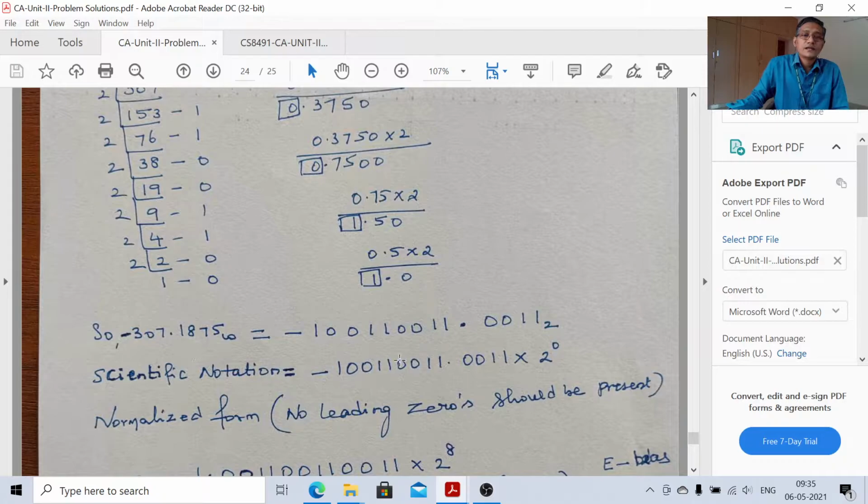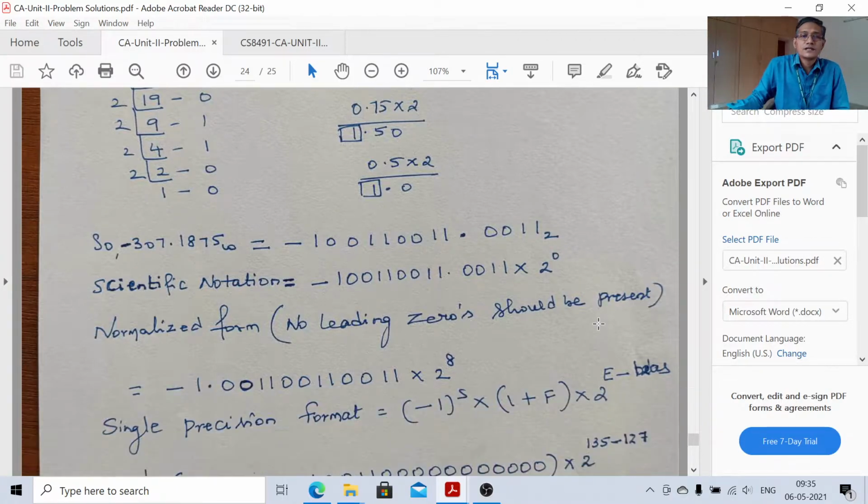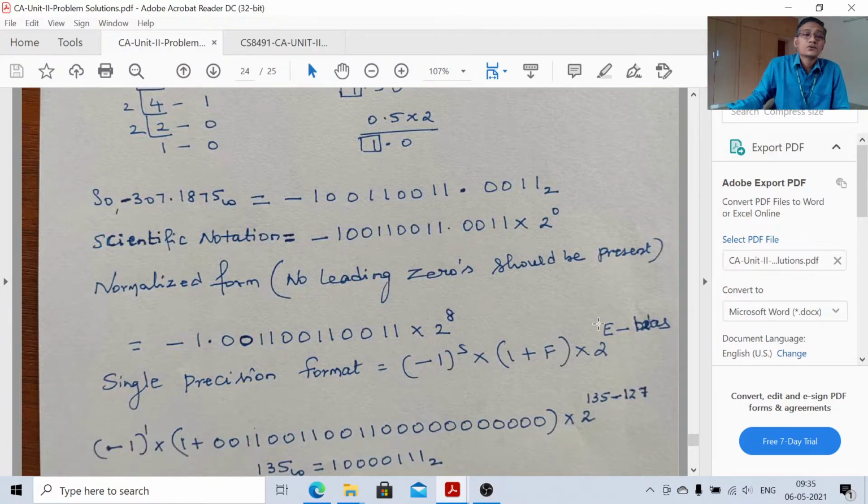Now for this binary representation, we need to give the scientific notation. Because the base is 2, it is into 2 to the power of 0, so the exponent value is 0. After representing it in scientific notation, we need to go for normalized representation. Normalized representation means there should not be any leading zeros in the scientific notation.